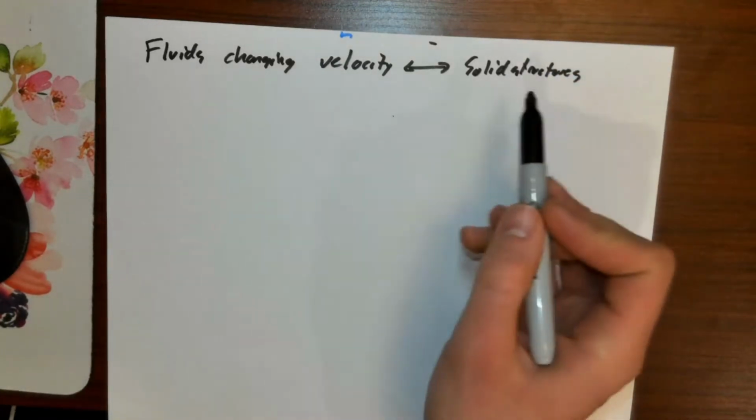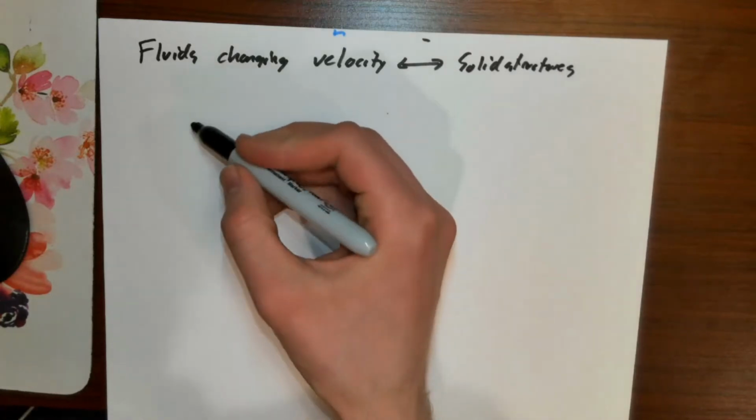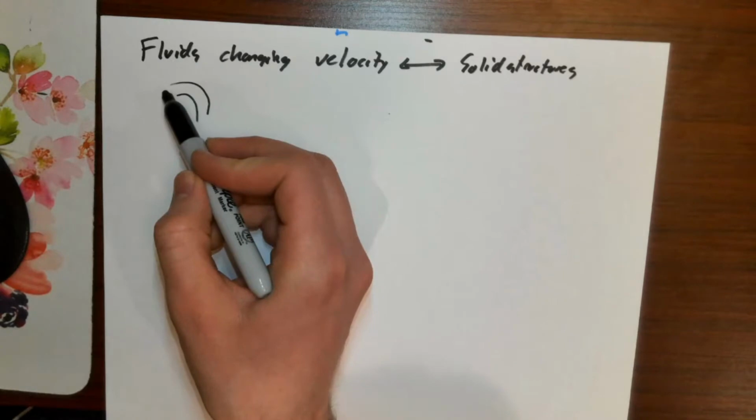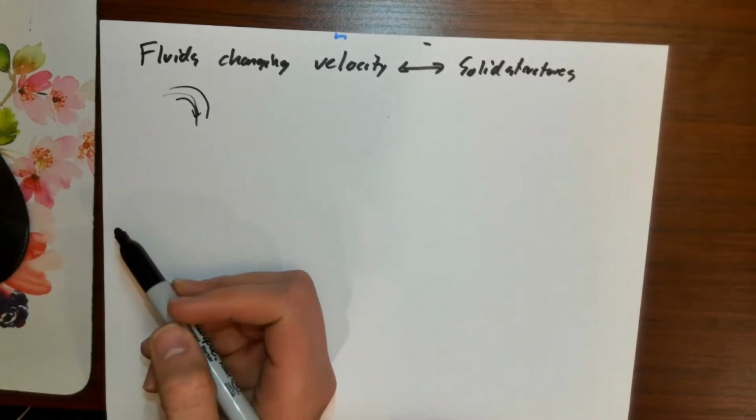If you think about fluids changing velocity in solid structures, this happens all the time in biomechanics. Sometimes if I have some artery that takes a nasty turn, the fluid, as it rounds that bend, applies forces to the walls of the artery.